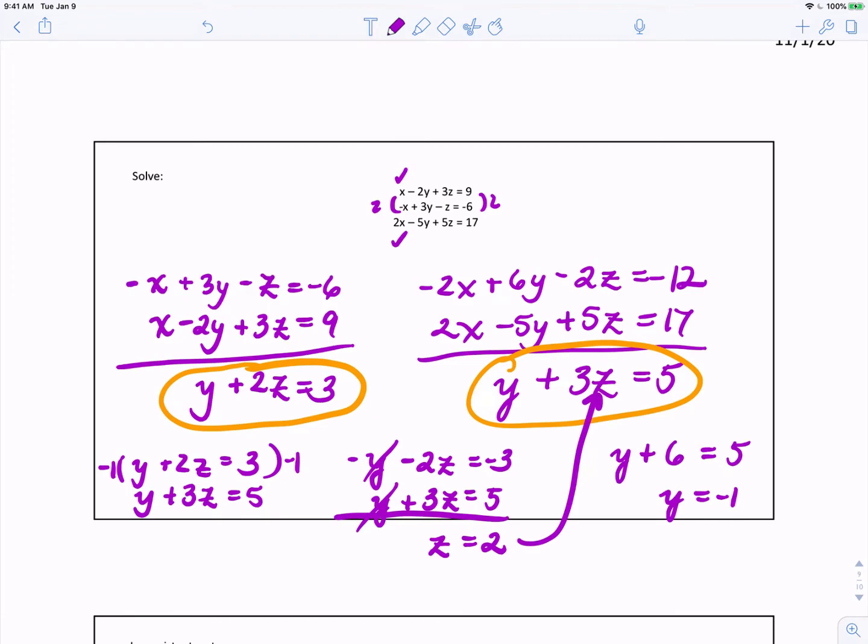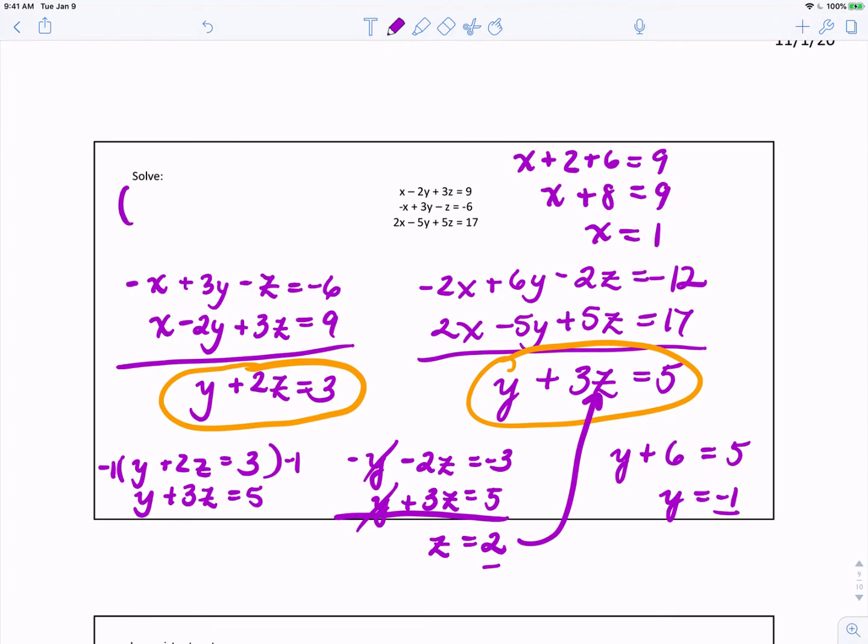Once I have two solutions, I can come back to the original equations. Any of the original equations will be fine, and plug these numbers in. So I'm going to use the first equation. x, negative 2 times y, negative 2 times negative 1 is plus 2. 3 times z, 3 times 2 is 6, is equal to 9. x plus 8 is equal to 9, and so x is equal to 1.